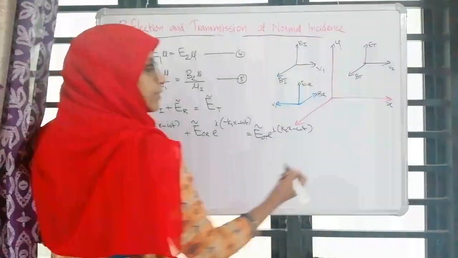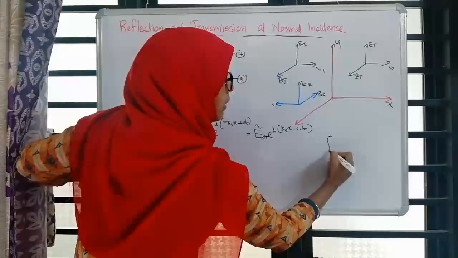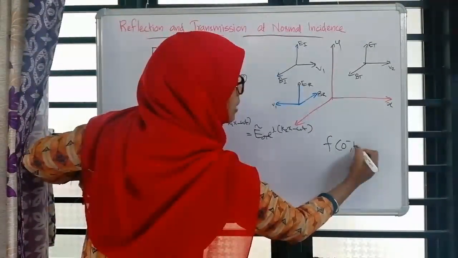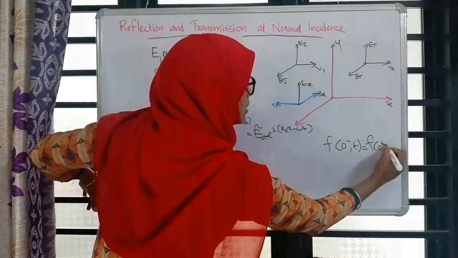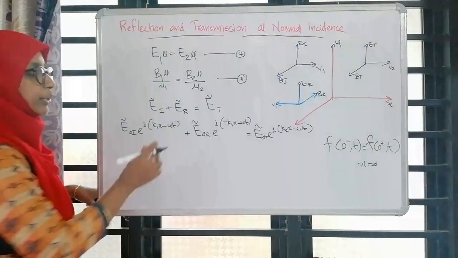As we know from the previous topic, the simple harmonic wave is continuous at the boundary. We can say f of 0 minus t should be equal to f of 0 plus t at the boundary x equal to 0. So, I am going to substitute here.